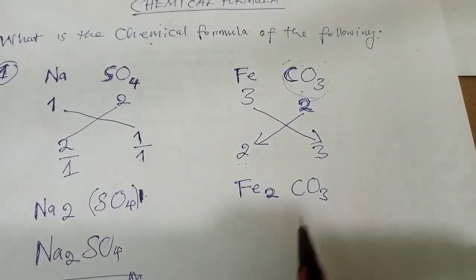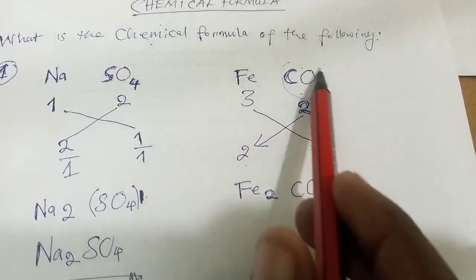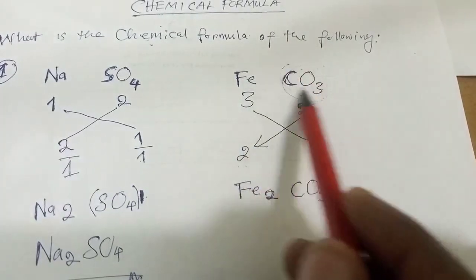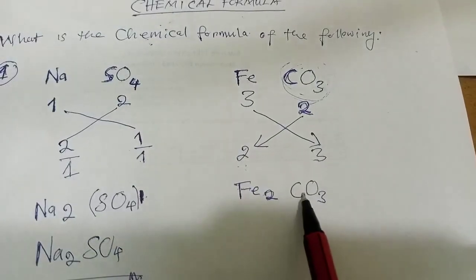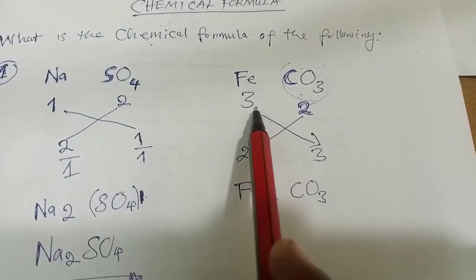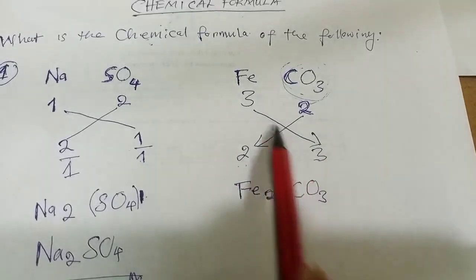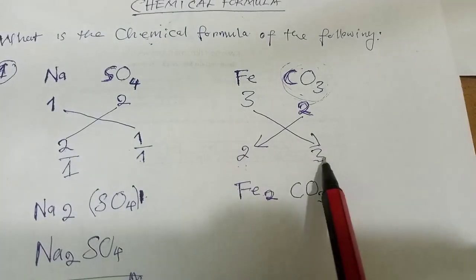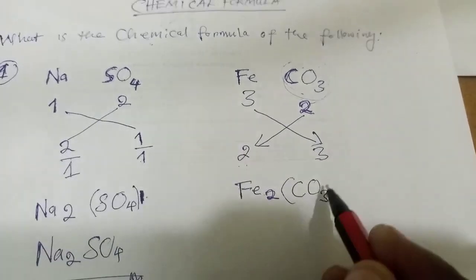So this 3, it is here. I just got it the way it is from here. I had to put it here. And I said that if the number that has been transferred or exchanged to a radical is more than 1, meaning starting from 2 going up, you put the radical in the bracket like this.